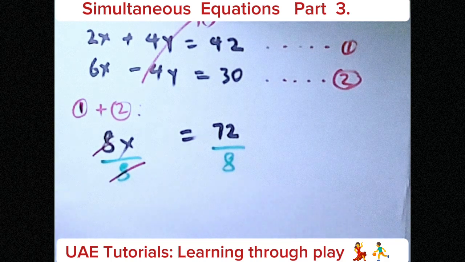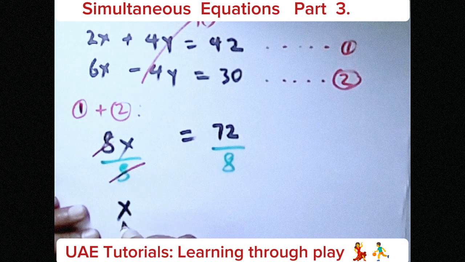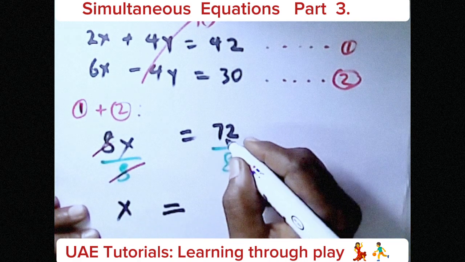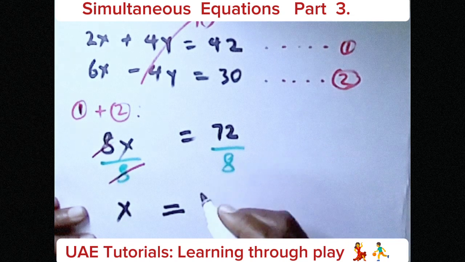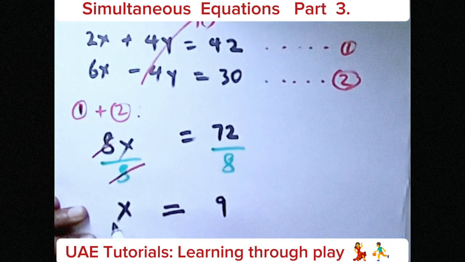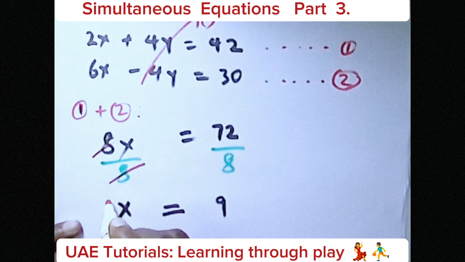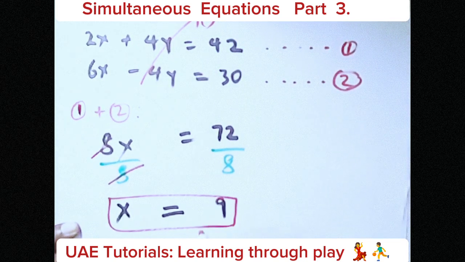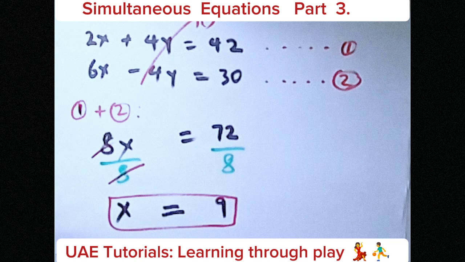What is left on the left hand side is just x. And 72 divided by 8 is 9. You don't even need a calculator for that. So we have got our solution for x, which is x equals 9.